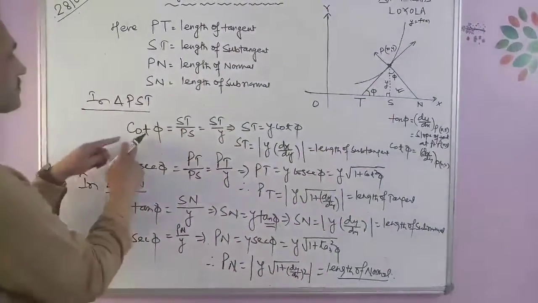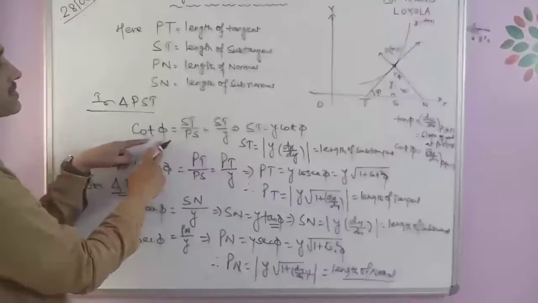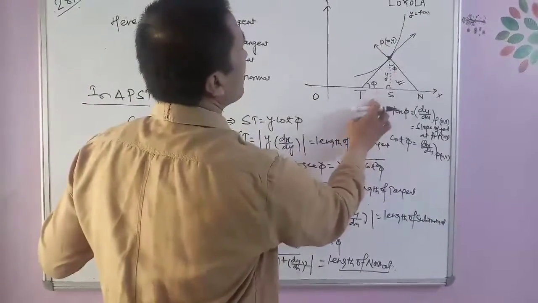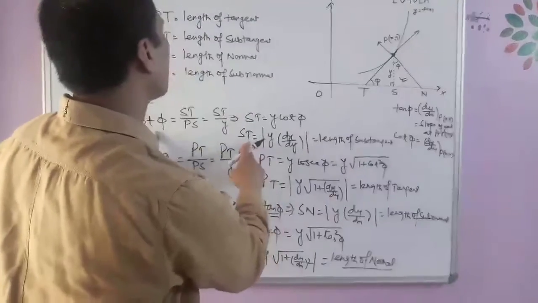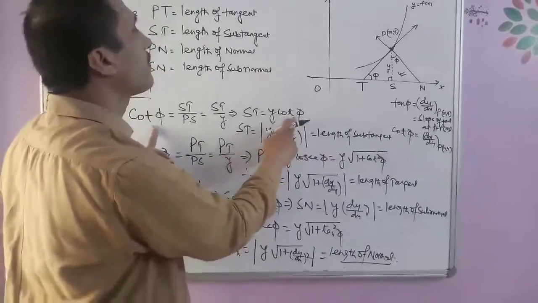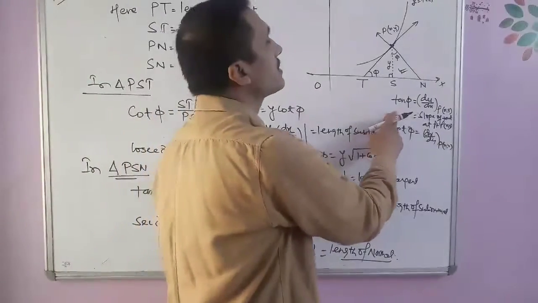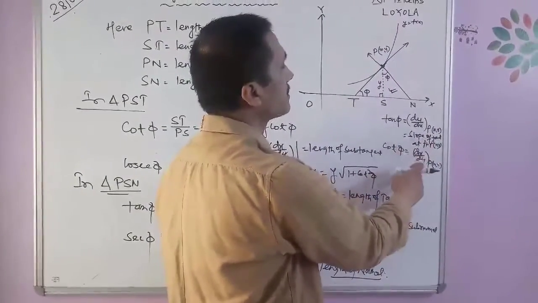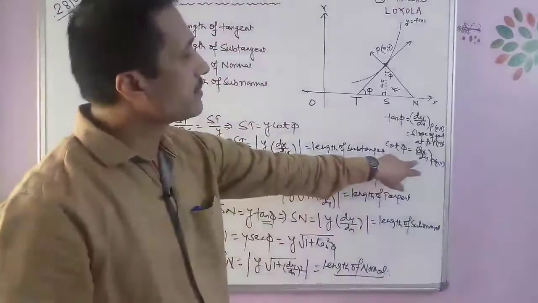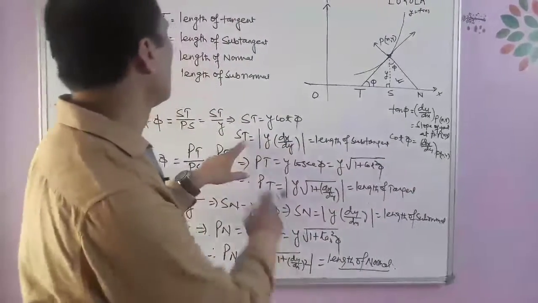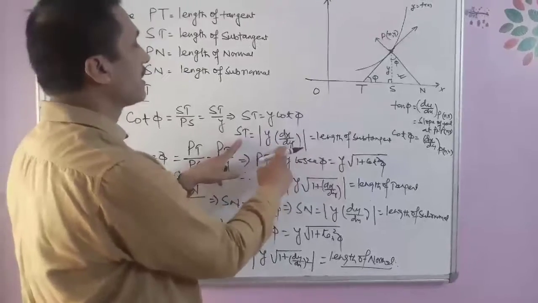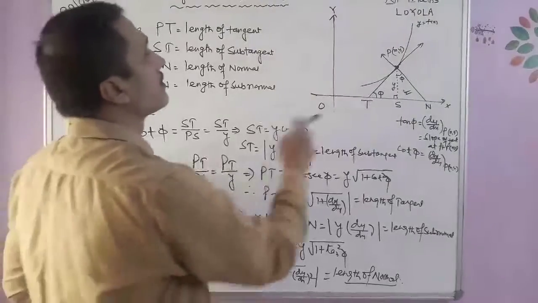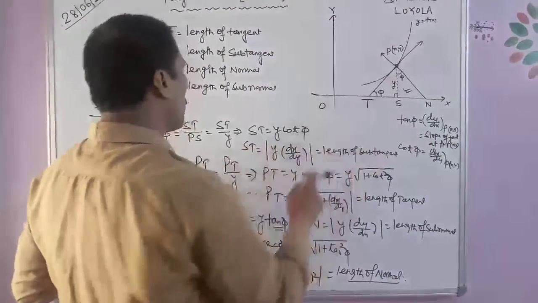First of all, we take cot phi in the first triangle. This upon this, ST upon y. This will give ST equal to y cot phi. Here tan phi means dy by dx at point P, the slope of tangent at point P. So cot phi will be its reciprocal, dx by dy at point P. So subtangent is y dx by dy at point P. Cosec phi is PT upon y.